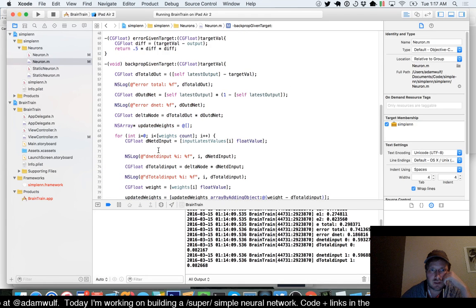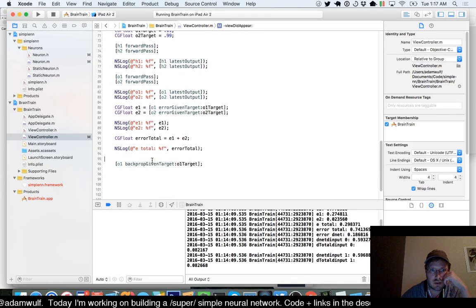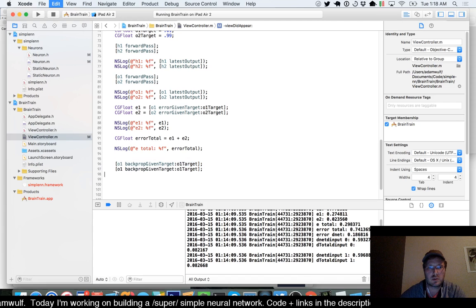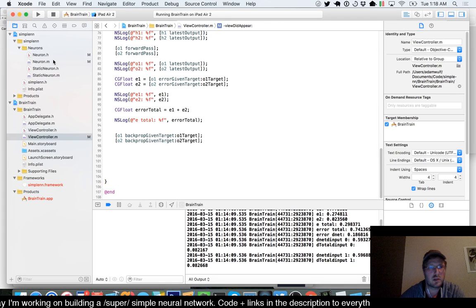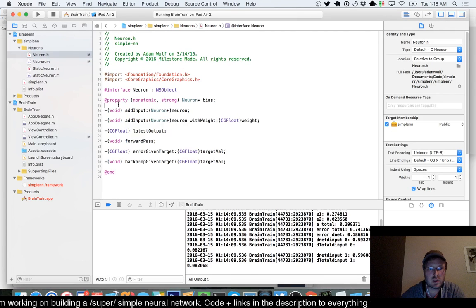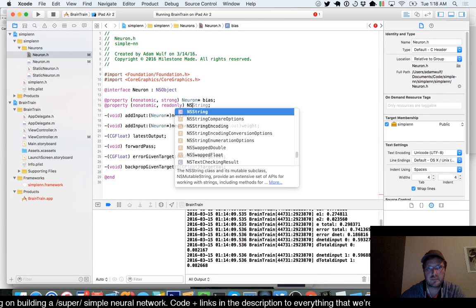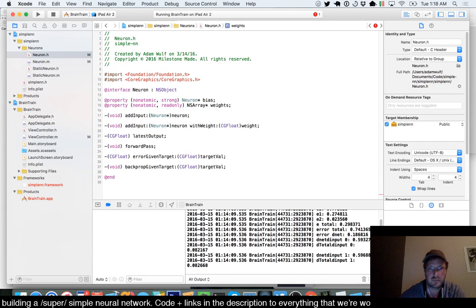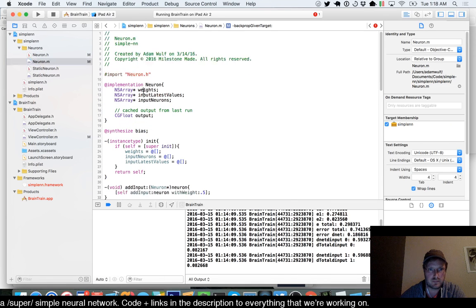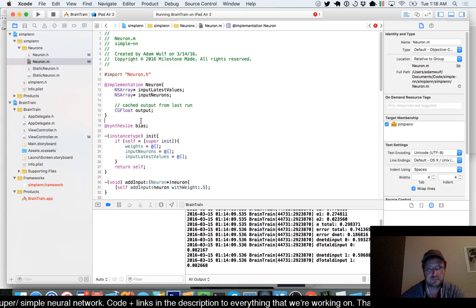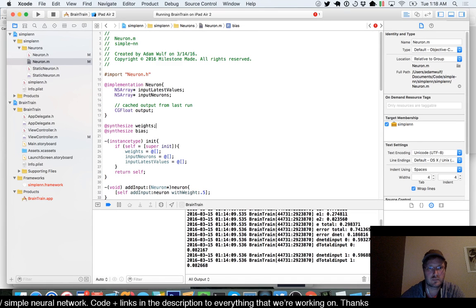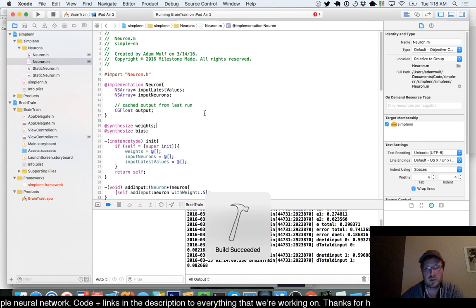Yeah, so then what we can do here, so O1 and O2, is O2 target, right? And so one thing that I would like to do is look at our weights like that on the neuron. There we go.